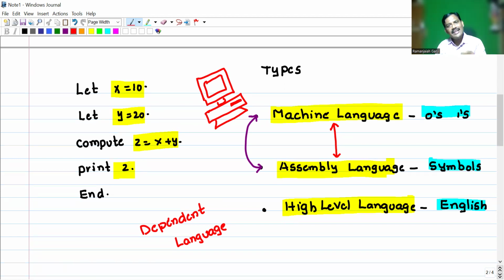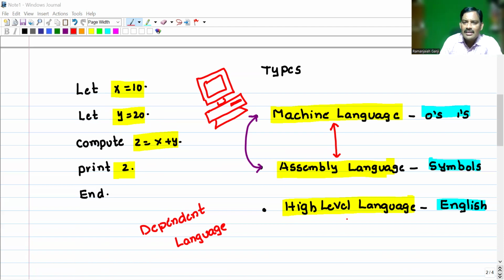Separate codes exist for every computer. Every computer is different. If we write a program for one computer, it may not execute on another computer. This is called machine dependency. Whereas with high-level language, you can execute anywhere. That is called a machine independent language.